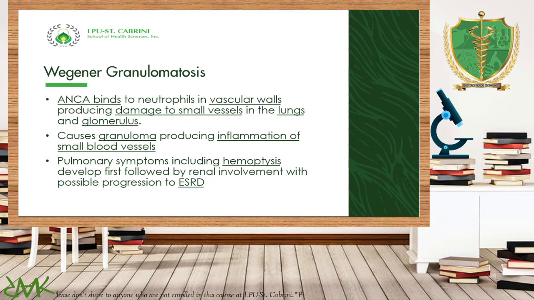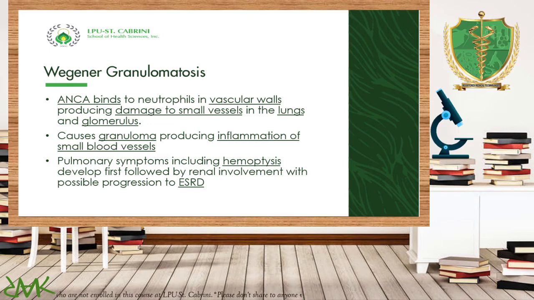When we say ANCA, that is anti-neutrophilic cytoplasmic autoantibodies. So after this ANCA binds to our vascular walls, it can lead to damage in the small vessels of the lungs, as well as in the glomerulus.